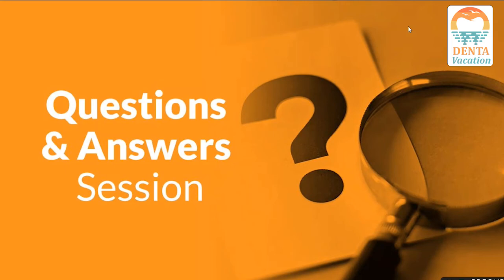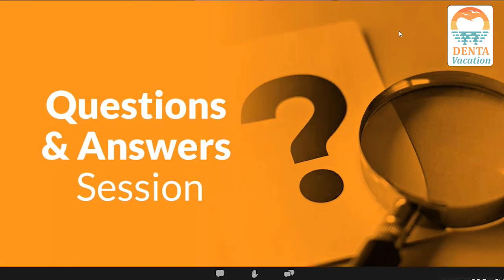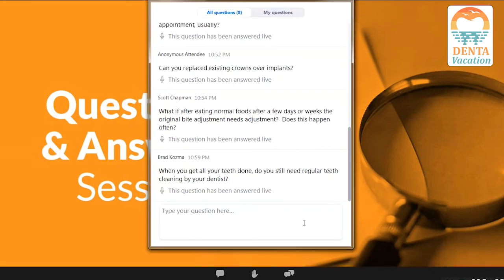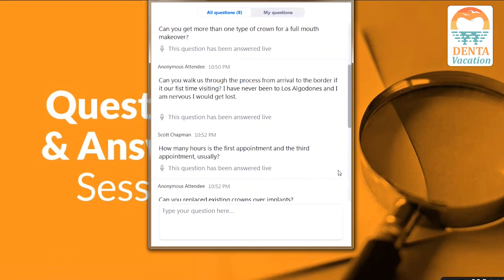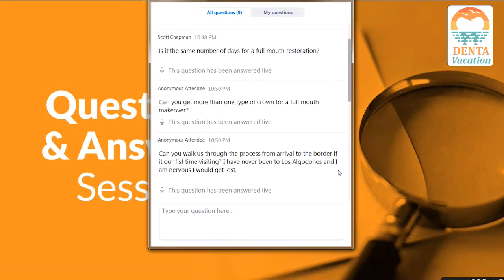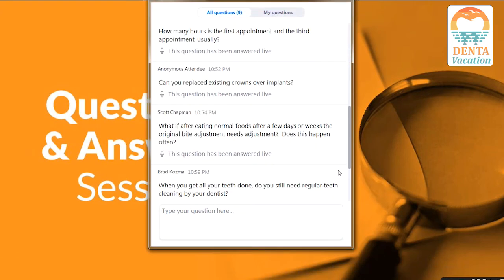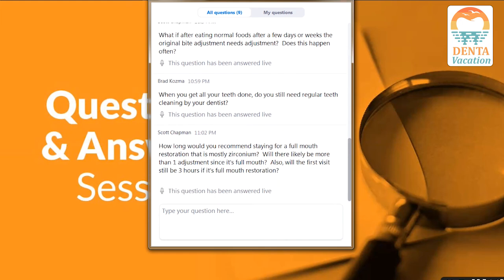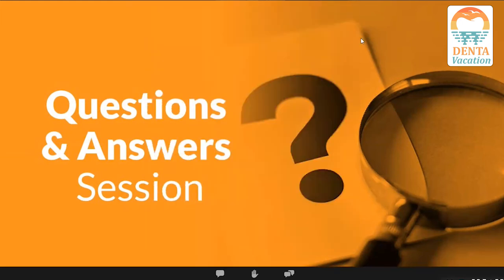How long would you recommend staying for a full mouth restoration that is mostly zirconia? Will they likely need more adjustments? And would the first visit still be 3 hours if it's a full mouth restoration? Yes, because the process is the same, it doesn't matter the material: the tooth preparation, the impressions, and your temporary crowns.